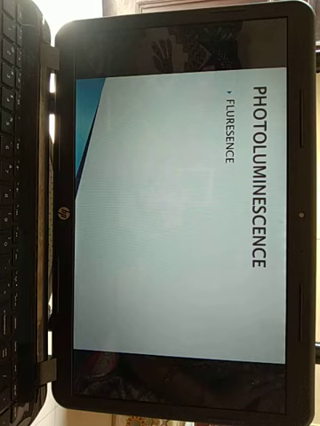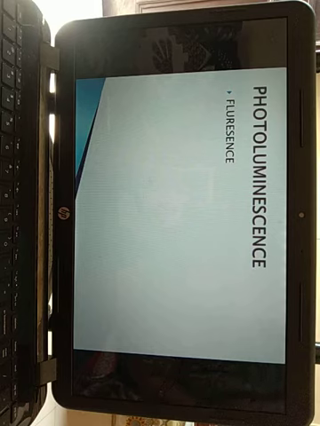Fluorescence is the property of almost immediate emission of long wave radiation by a substance after having absorbed radiation energy. The substance which can emit back the absorbed radiation is called a fluorescent substance. All the photosynthetic pigments have the property of fluorescence. Chlorophyll shows an outburst of fluorescence, and that is called the Kautsky effect.